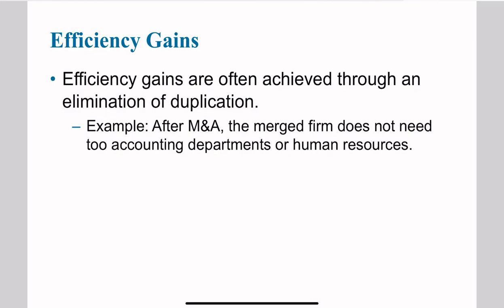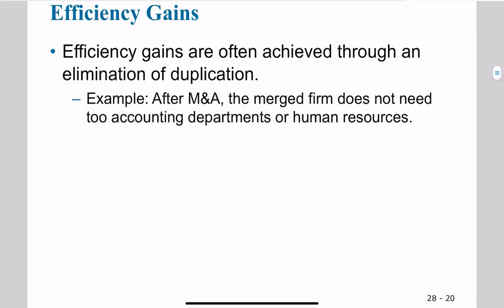For example, if firm A merges with firm B, then before the merger, let's say they both have an accounting department. After the merger has finished, the merged firm will only have one accounting department and one human resource department, right? So by merging firms, we can remove these duplications, and this will improve the firm's efficiency.